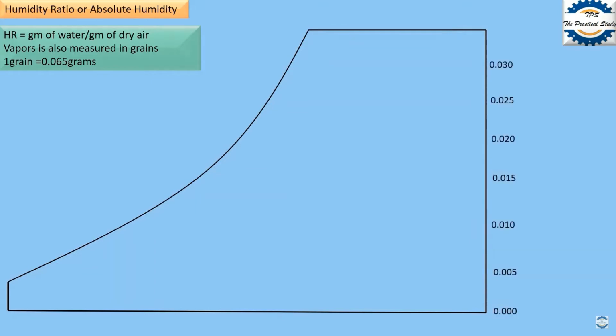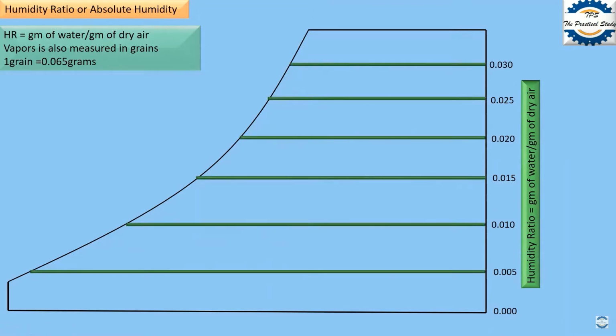The humidity ratio scale is on the y-axis, on the vertical axis. Now let's draw its lines. Its lines are horizontal towards the wet bulb temperature line. So I think this parameter is also clear. Let's move to the next parameter. Relative humidity.